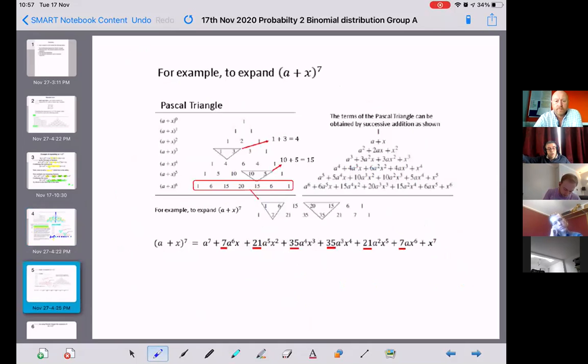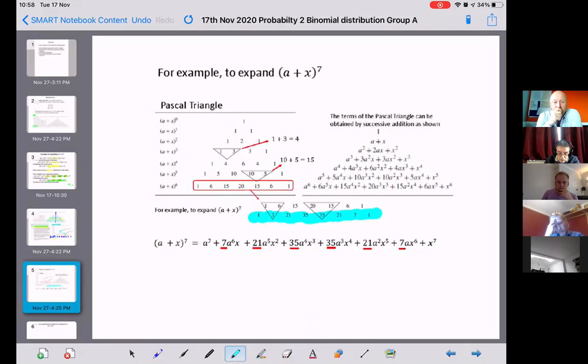So if we use that to try and build the full expression for (a + x) to the 7, so I've done this new line for (a + x) to the 7 on the previous page, by adding the terms together above. And so we can build the expression.